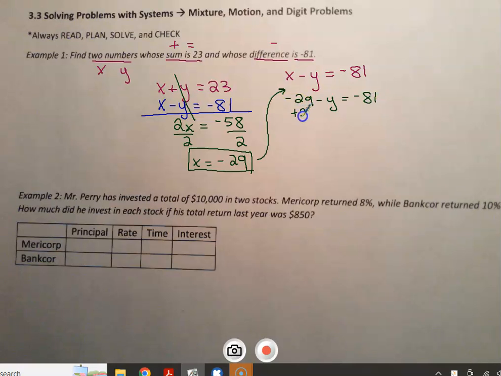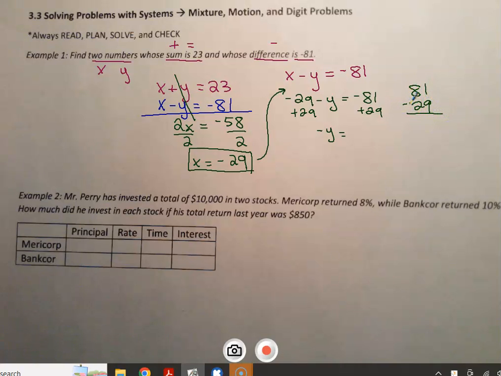So let's add 29. Then we have negative y equals negative 81 plus 29. Oh, wait, hold on. That's just not how I did it in my notes. I did it differently today. So negative 81 plus 29 is, let's do a little bit of math here.